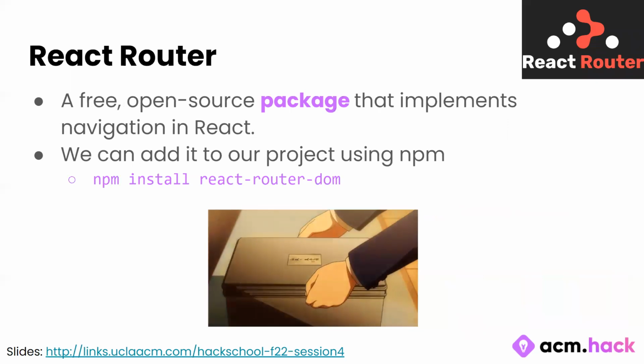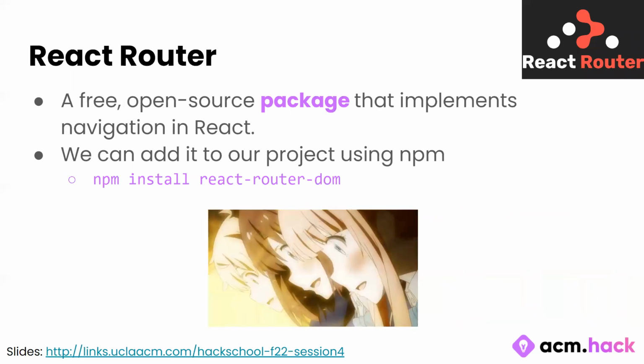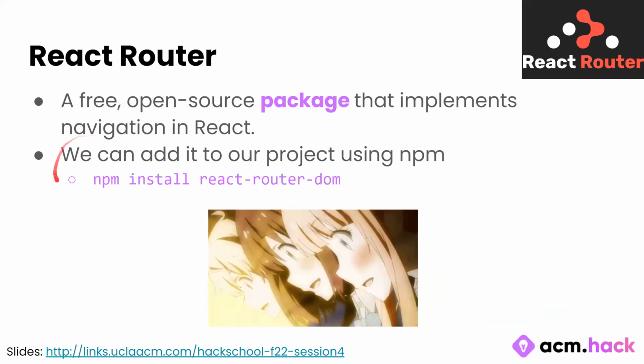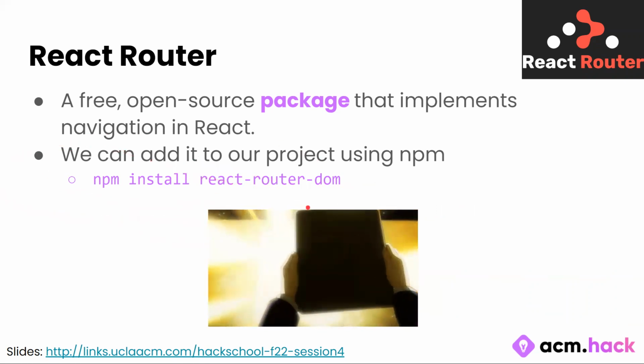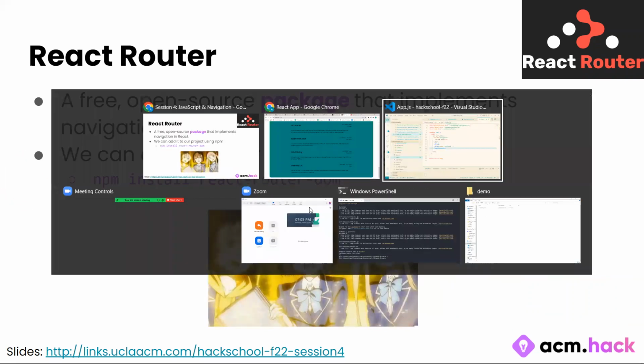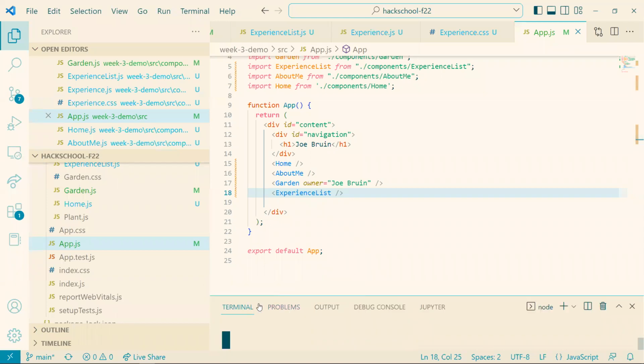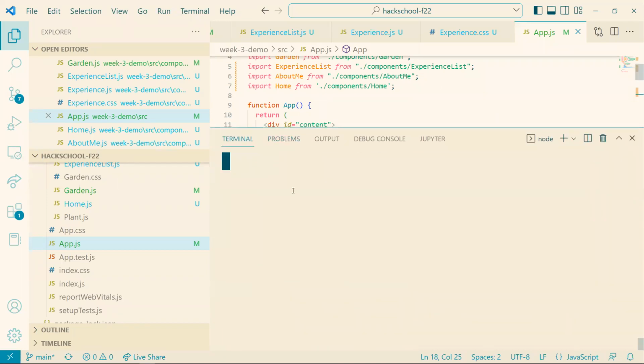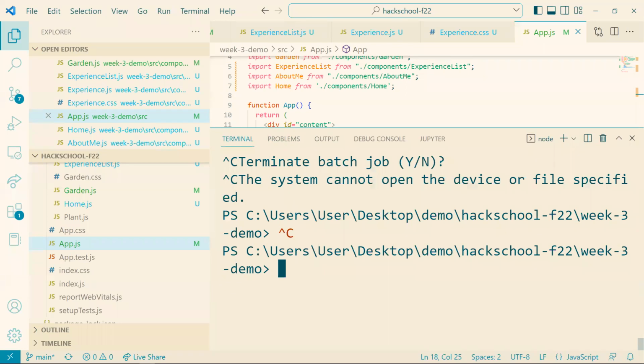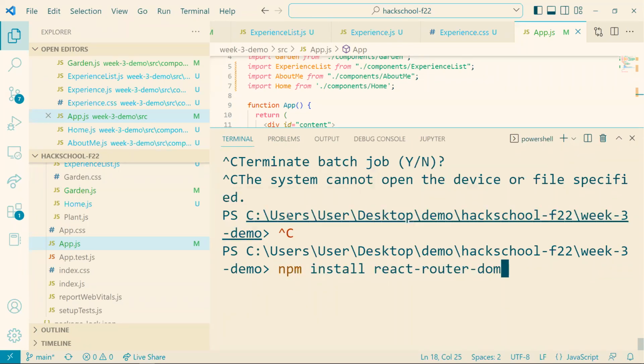The way you add it to your project is just to do npm install react-router-dom. So I'm going to do that right now. Enlarge the terminal, Control C. I'm going to do npm install react-router-dom.